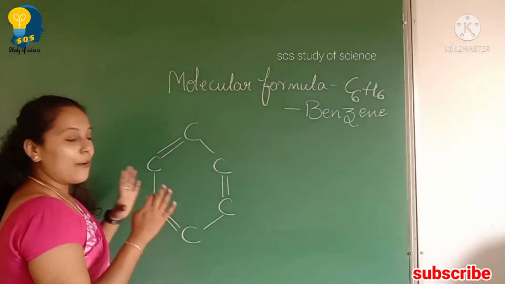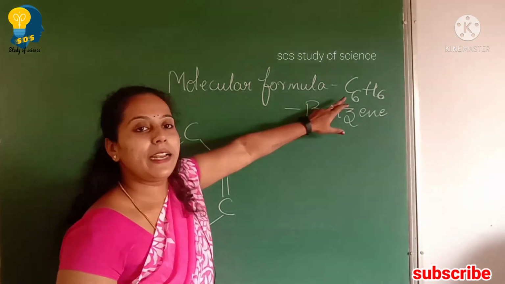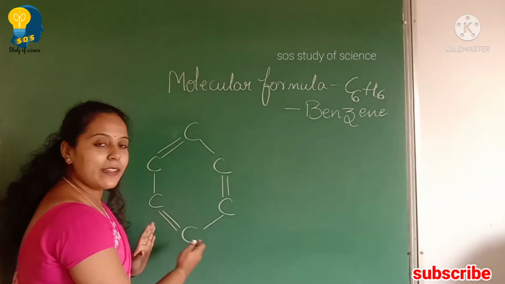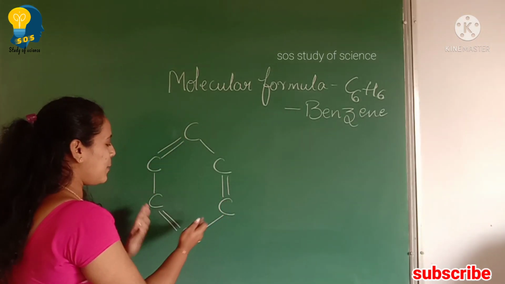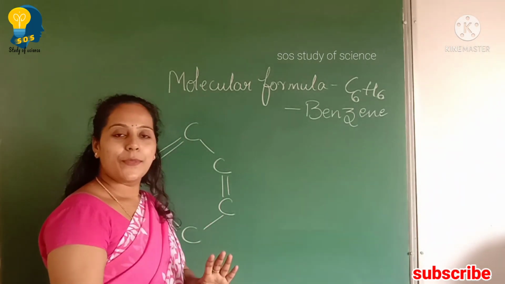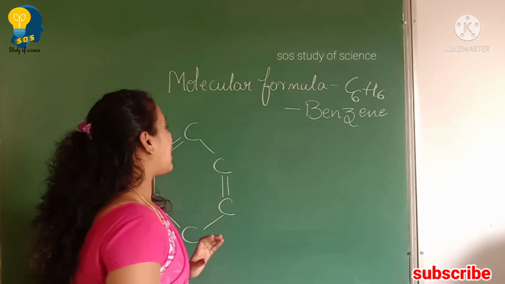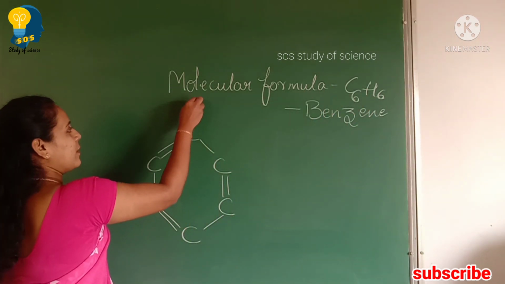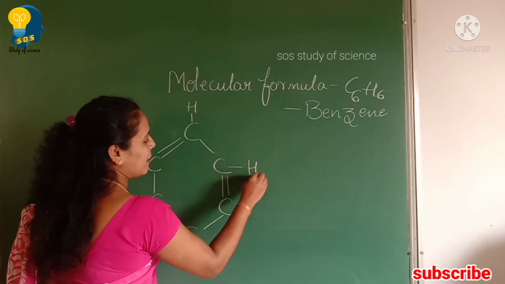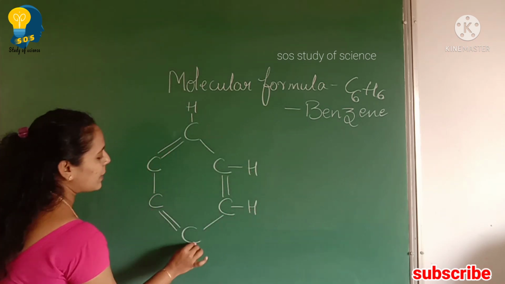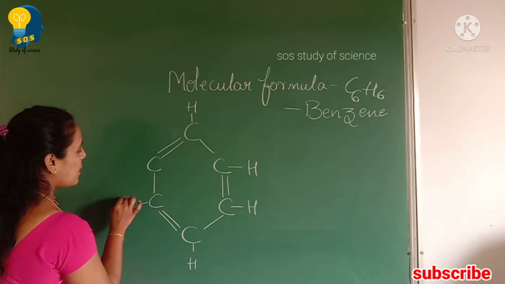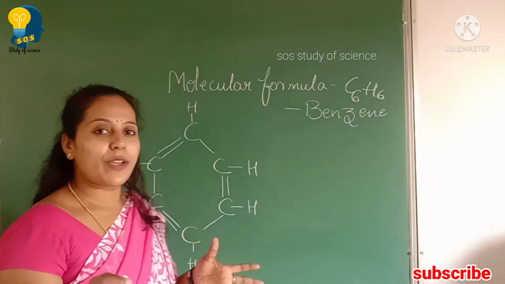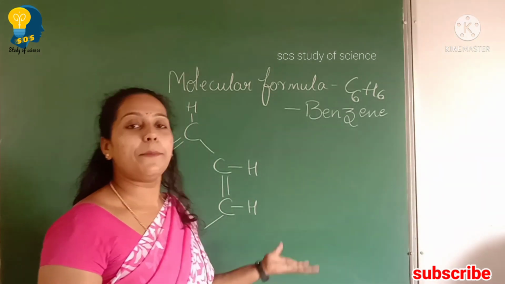We have completed C6 and written the carbons so that every carbon is attached to one another. It is a cyclic structure of carbon, and the rest of the thing we have to write is the hydrogen. So there are 6 carbon atoms surrounded by 6 hydrogen atoms. This is the simplest way to learn to write benzene.